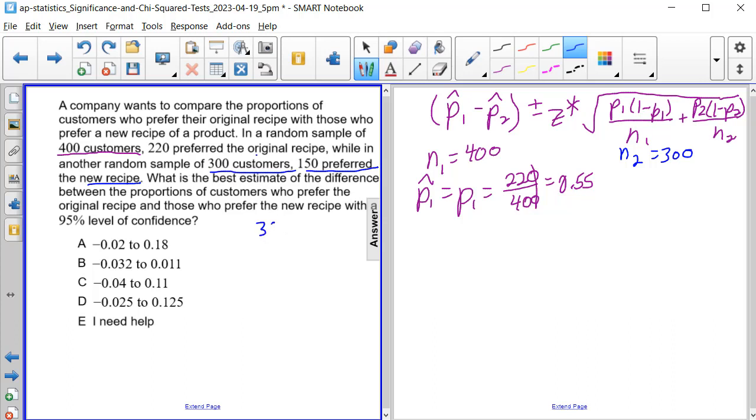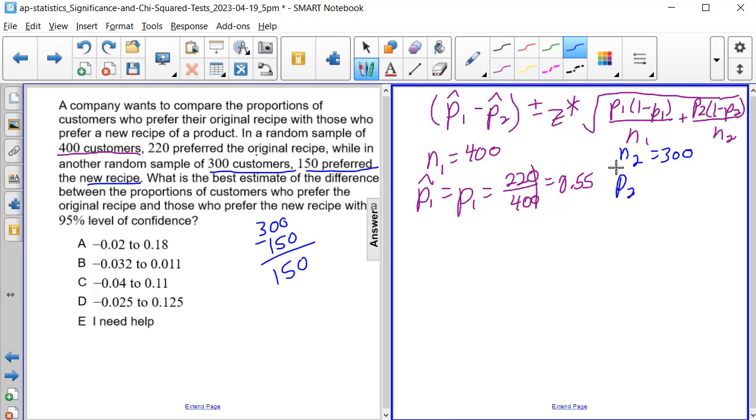So we can do 300 minus 150, and that is 150. So our p2 hat, which is equal to p2, is equal to 150 over 300. And that reduces to 1/2 or 50% or 5/10ths as a decimal.